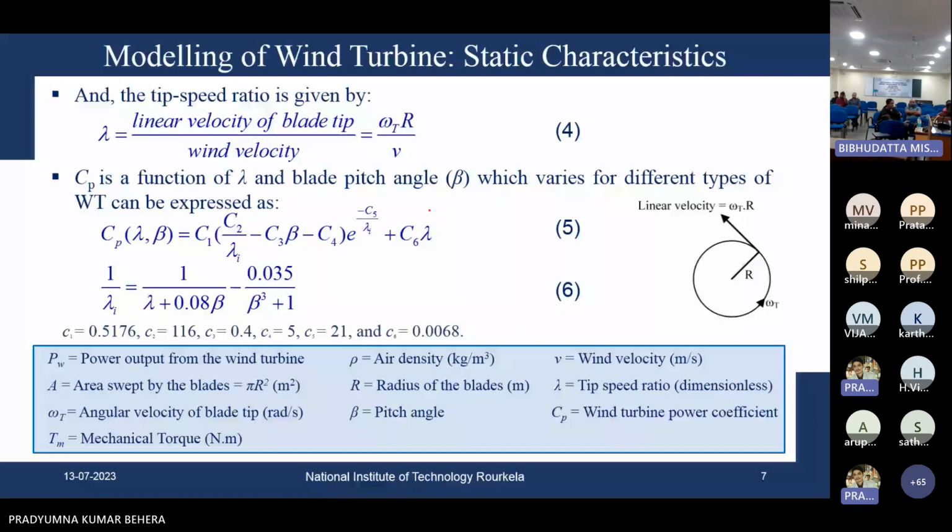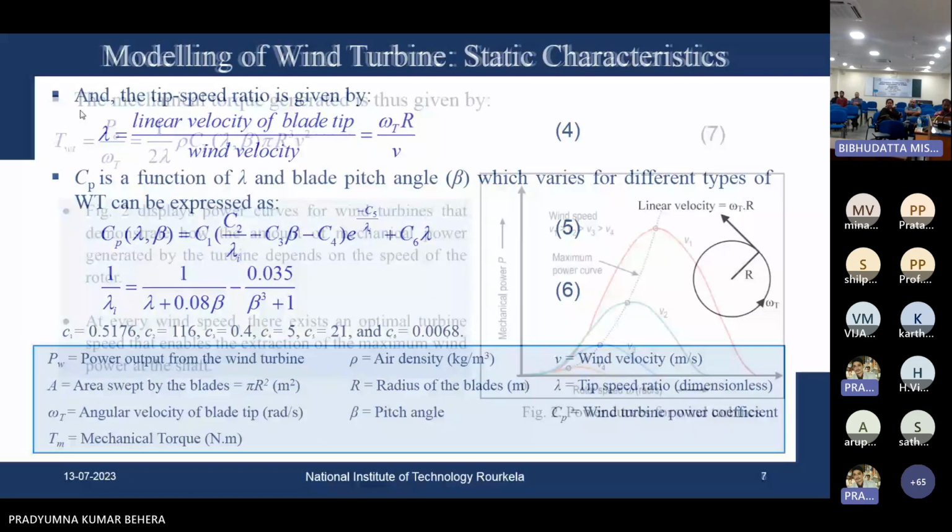The parameter Cp represented in equation 5 will be used for wind turbine modeling along with equation number 6. The various coefficients C1 to C6 are given here. One more thing to notice is that the tip speed ratio is a dimensionless quantity, because it is the division of linear velocity of the blade tip by the wind velocity.